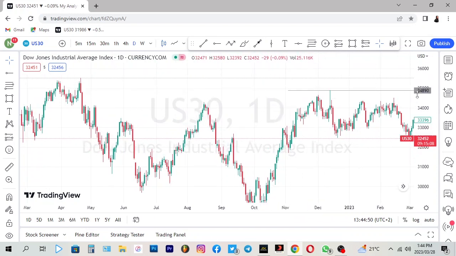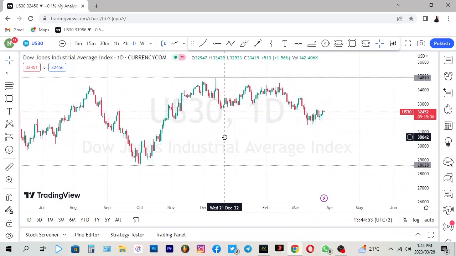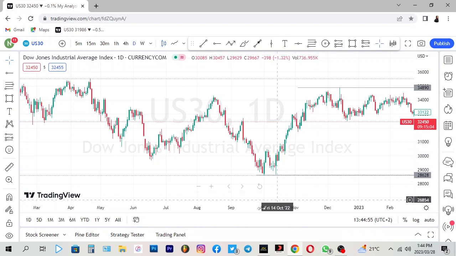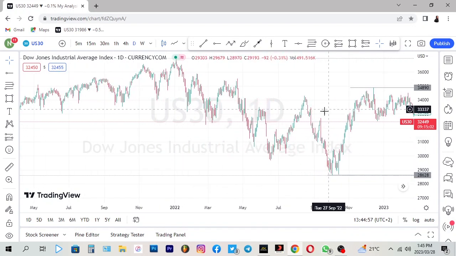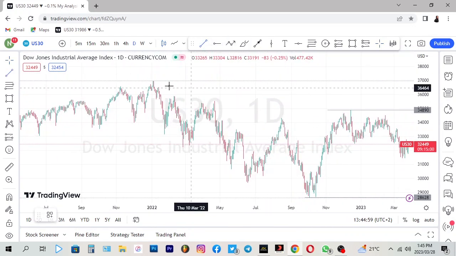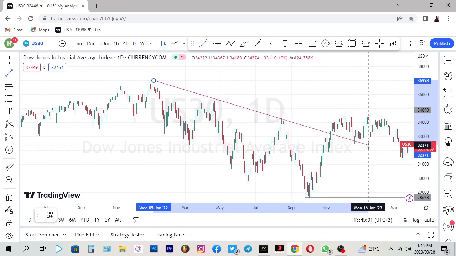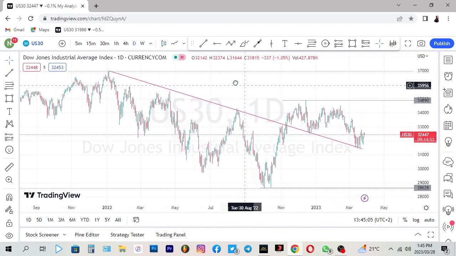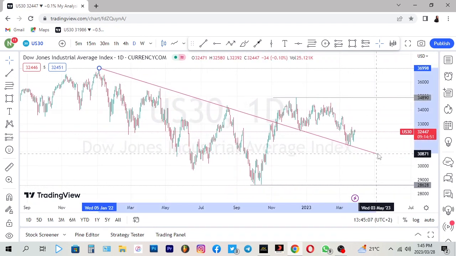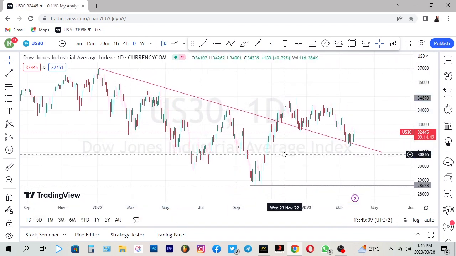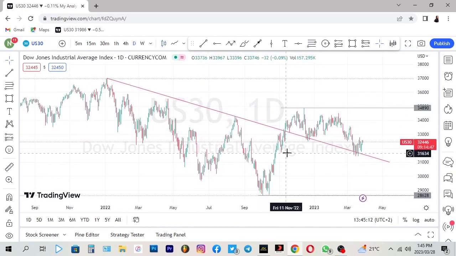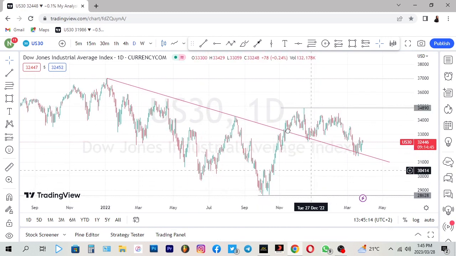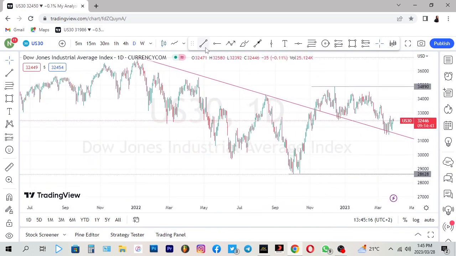So we can see that it has been trending down. It has been respecting this diagonal trend line until it broke it.